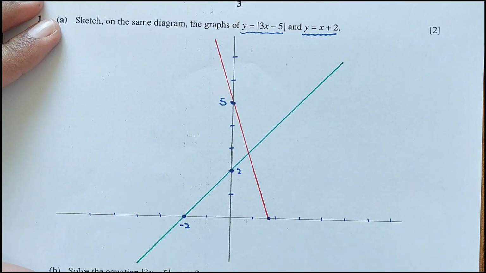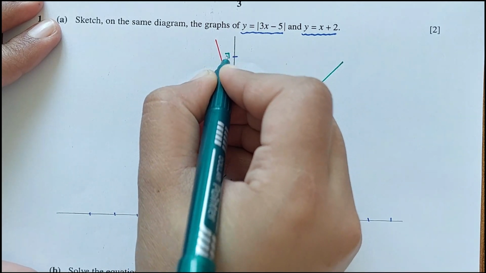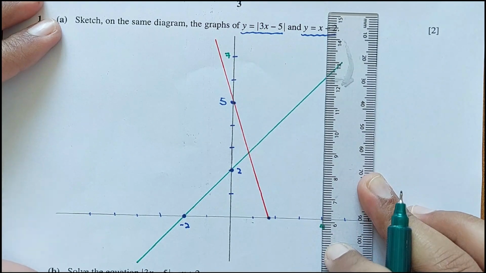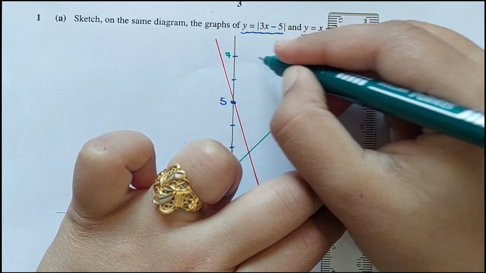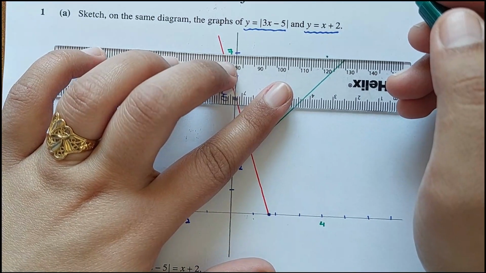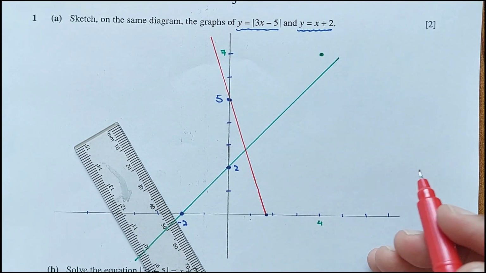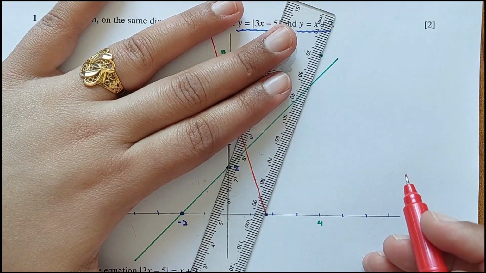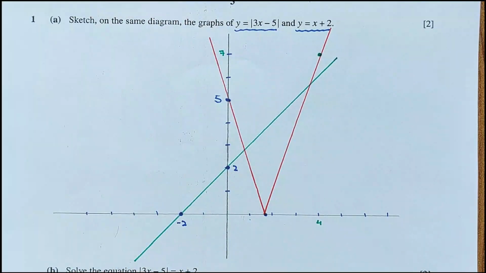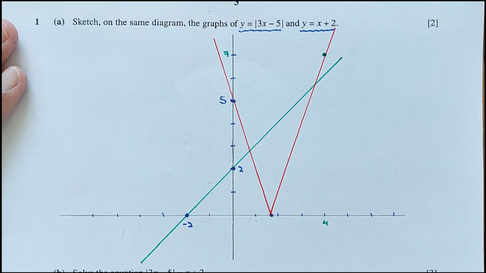So when x is 4, the y value is 7. Let me connect this with 7, this point. Okay, so let me draw the graph for the absolute value function. Right, so this is a sketch on the same diagram for the linear and the absolute value function.